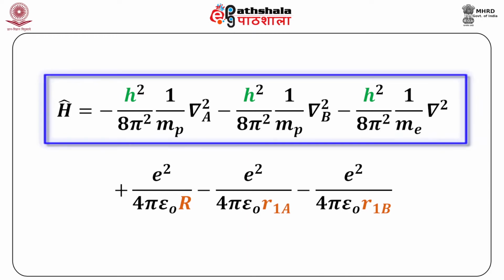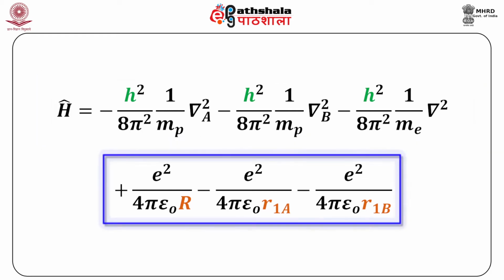H cap is equal to minus h squared upon 8 pi squared m_p del_A squared, minus h squared upon 8 pi squared m_p del_B squared, minus h squared upon 8 pi squared m_e del squared, plus e squared upon 4 pi epsilon_0 R, minus e squared upon 4 pi epsilon_0 r_1A, minus e squared upon 4 pi epsilon_0 r_1B.